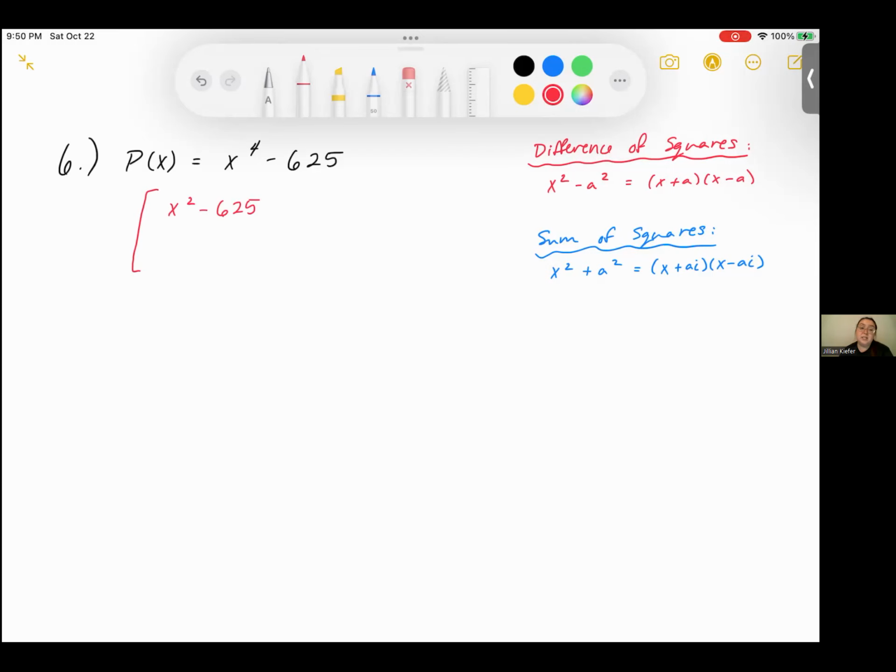So we take the square root of 625, and you would see that 625 is the square of 25. So this is really x squared minus 25 squared, which is the difference of squares. That means that this would factor into x plus 25 times x minus 25.